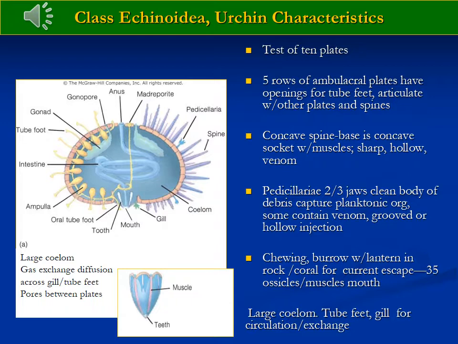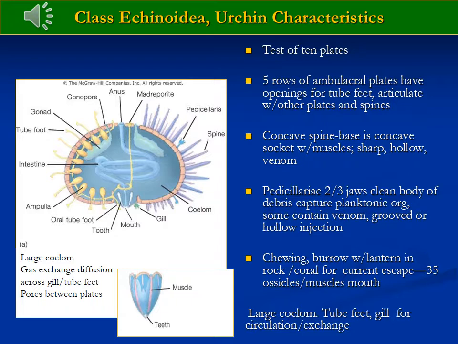But again, much of the structures are similar in terms of how they're arranged internally. If you want, you can check out some dissections of these. Oftentimes people will dissect sea urchins and sand dollars in the same lab, and you can see the similarities between the two on YouTube if you're interested internally.